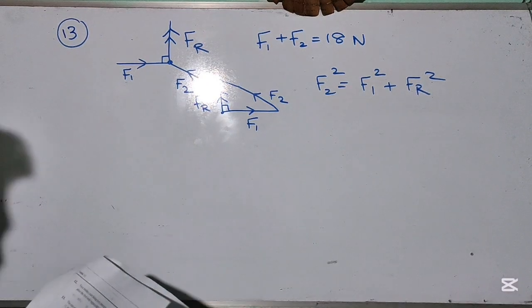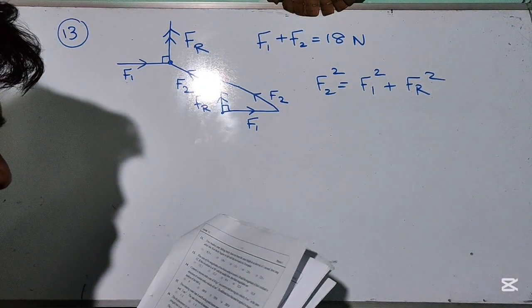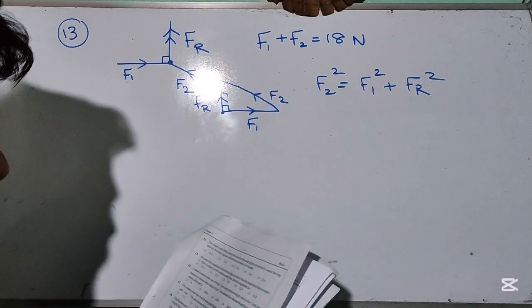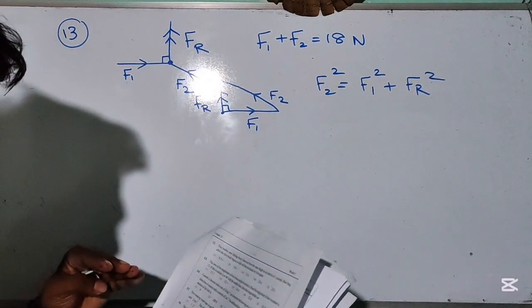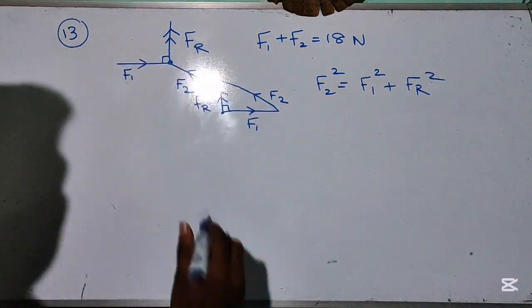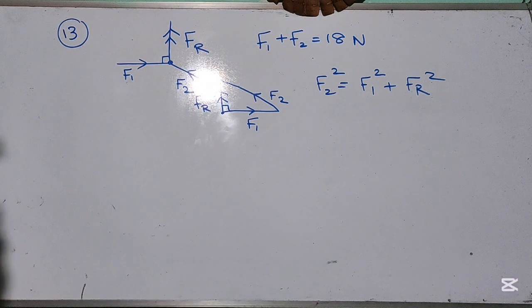The question asks us for the magnitudes' values. If the resultant is 90 degrees with the small force, then their magnitudes are? So F1 how much and F2 how much, like that, no? Yes. Okay, how can we solve this one?